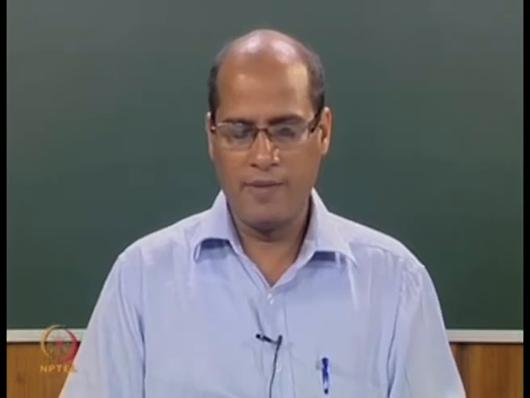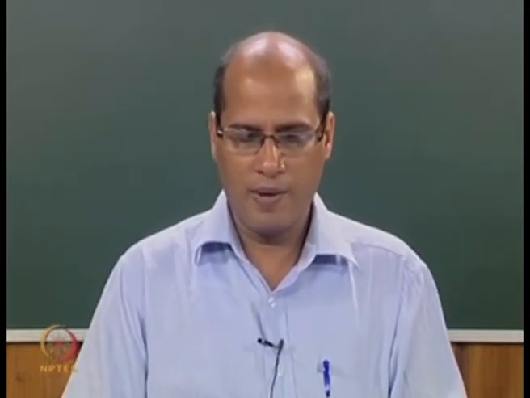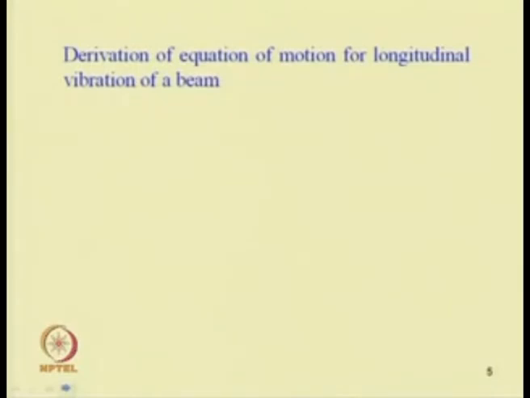So, let us now derive the equation of motion for the longitudinal vibration of a beam. Let us take a beam, for example a cantilever beam, and we want to find its equation of motion. The difference between a continuous system and a discrete system is that the continuous system is a distributed mass system.